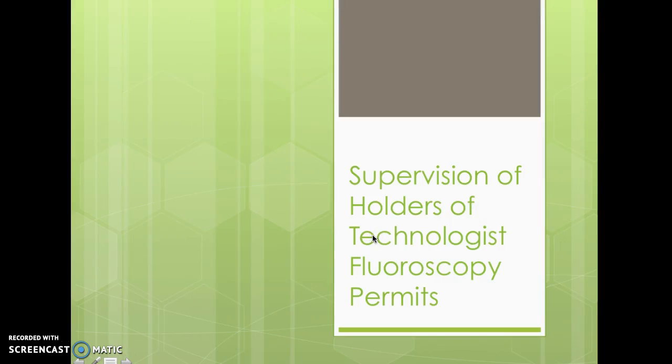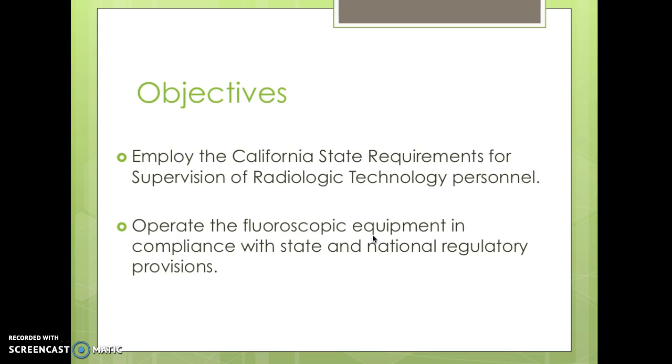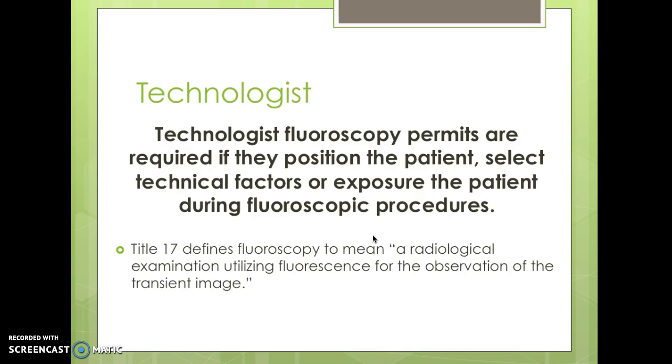Okay, this next section that we're going to cover for this week is the supervision of holders of technologist fluoroscopic permits. So a couple objectives, very simple chapter. You do have to know it because it does pertain to you. So here we're talking about the technologist. Technologist fluoroscopy permits are required if they position the patient, select technical factors, or expose the patient during fluoroscopic procedures.